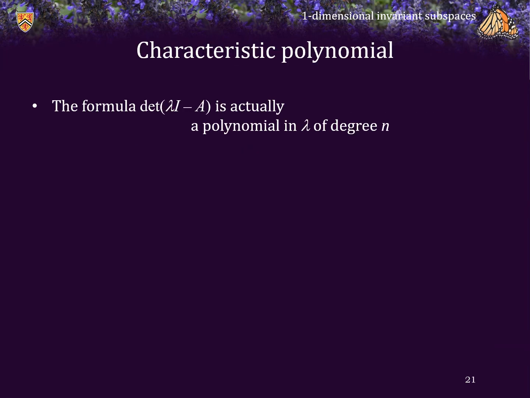Now we will see soon that the determinant of lambda times I minus our linear operator A is actually a polynomial in lambda of degree n. It will therefore have n complex roots counting multiplicity.